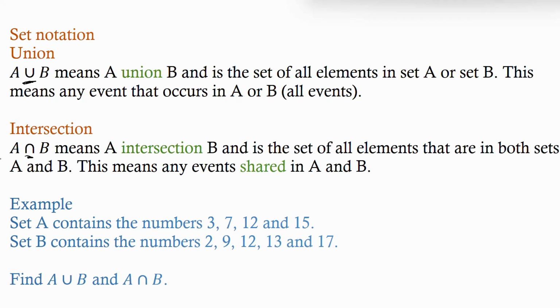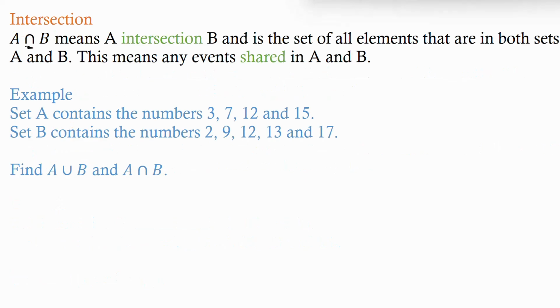So in our example here, we have 2 sets, set A and set B. Set A contains the numbers 3, 7, 12, and 15. And then set B contains 2, 9, 12, 13, and 17. Now remember, if I was to find A union B, this contains all the numbers.